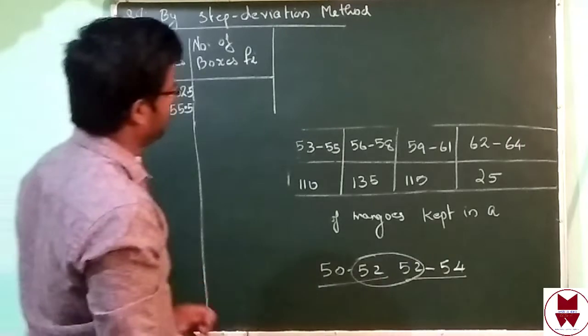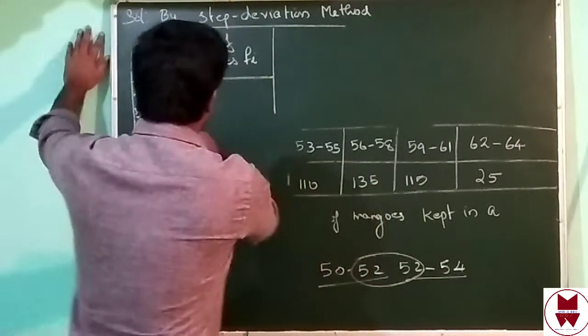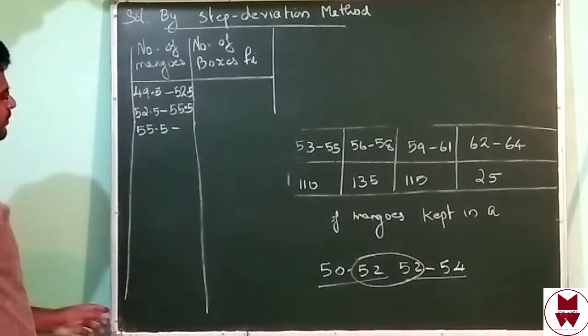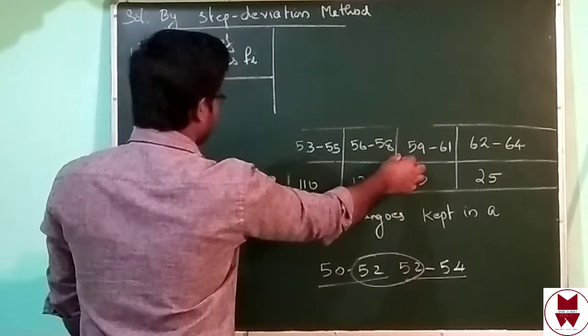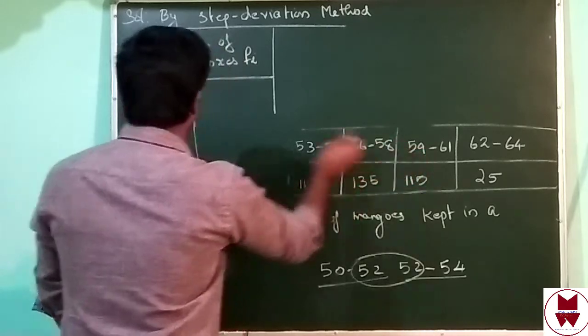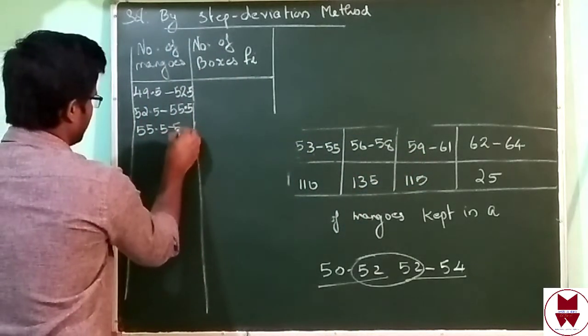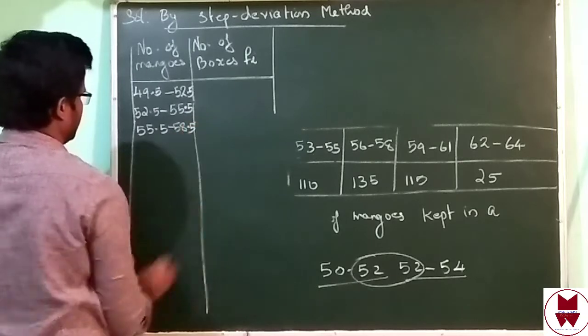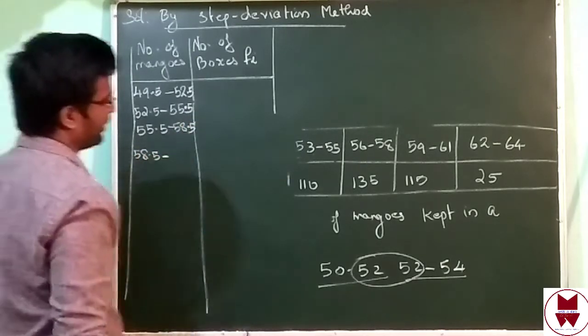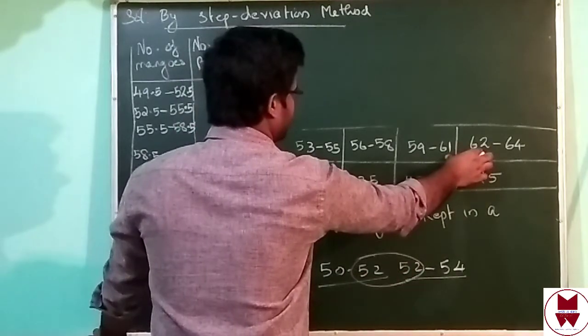Then again 55.5 to the next number. Check it. Here 58 and 59: in between 58 and 59 we can write 58.5. Then write the same 58.5 to the next, 61 and 62, isn't it?